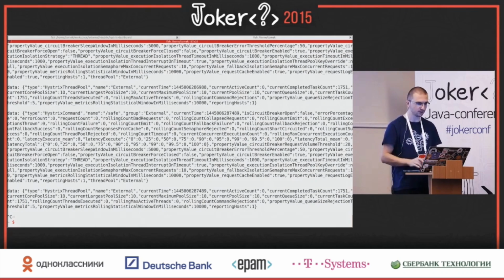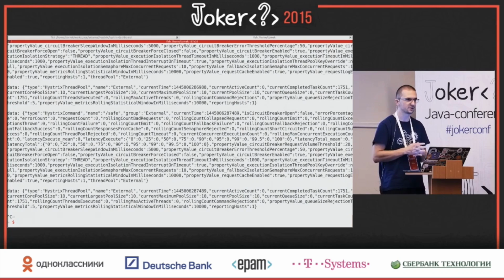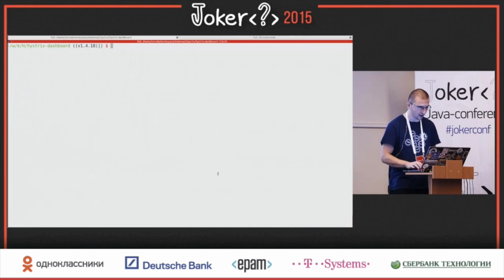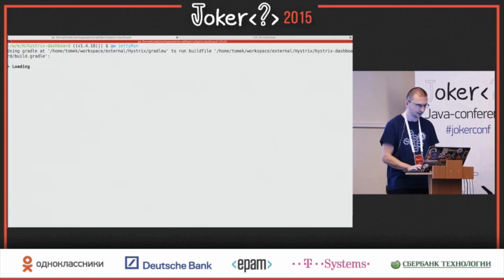So as I said, you can build quite cool dashboards on top of this JSON data, but you don't have to because one is already provided for you. This is the actual Hystrix distribution. There's a component called Hystrix dashboard. It's very lightweight. It's actually almost only JavaScript. So I'm running it using Gradle. I'm running the application right now just to show you that it's actually there and it actually runs.